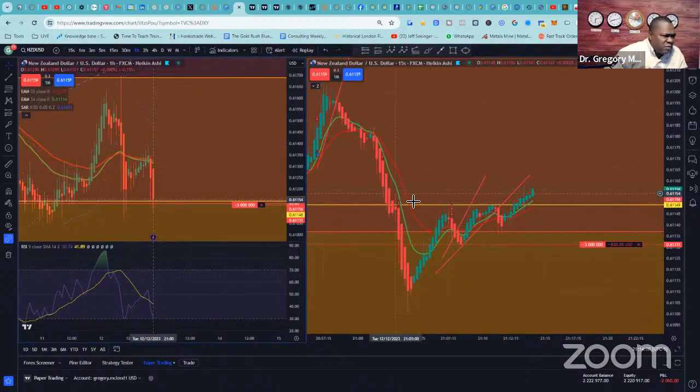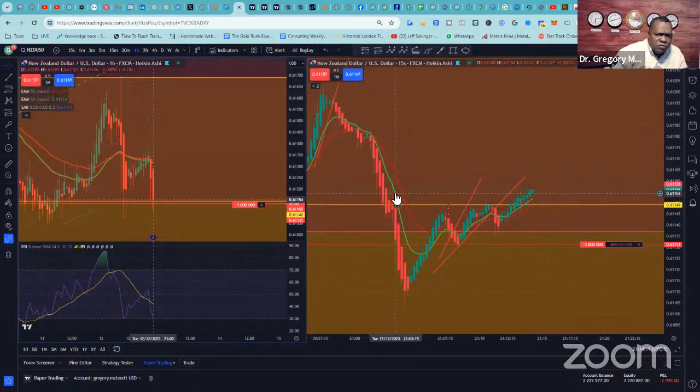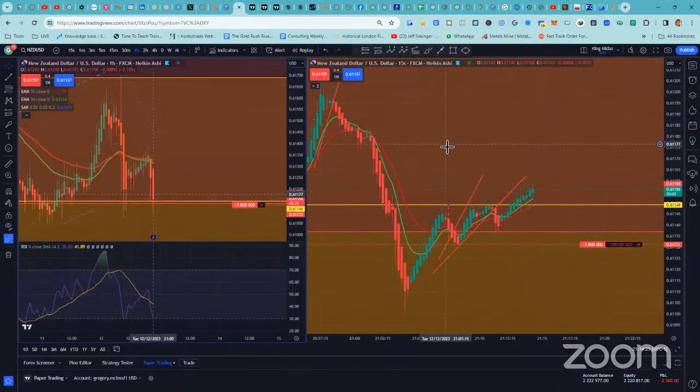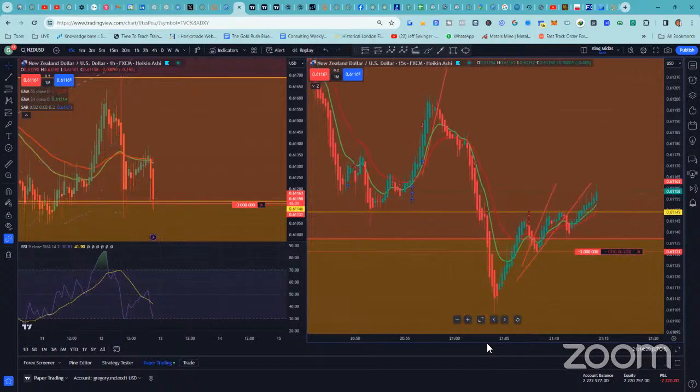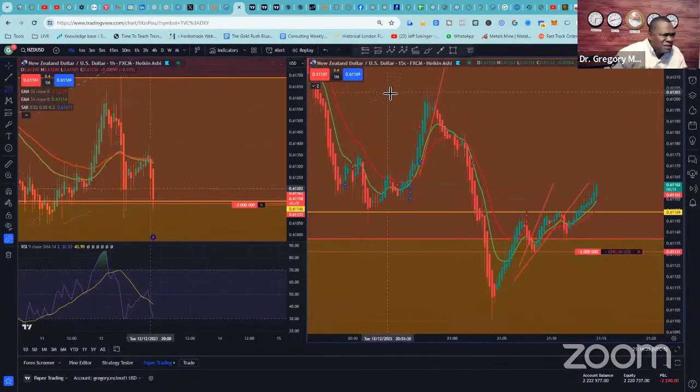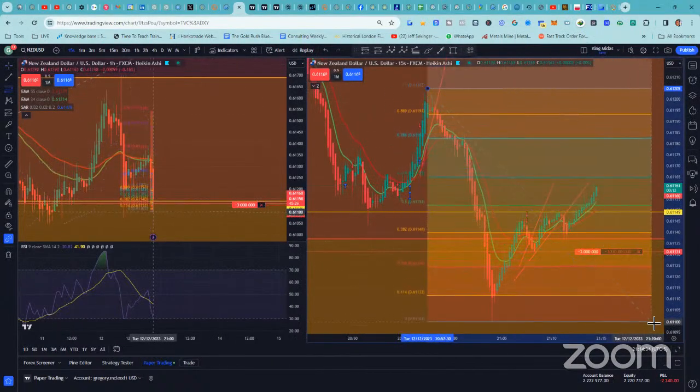We broke a high. Might look at exiting this trade. It just took me a little taste. I took it for the sale.